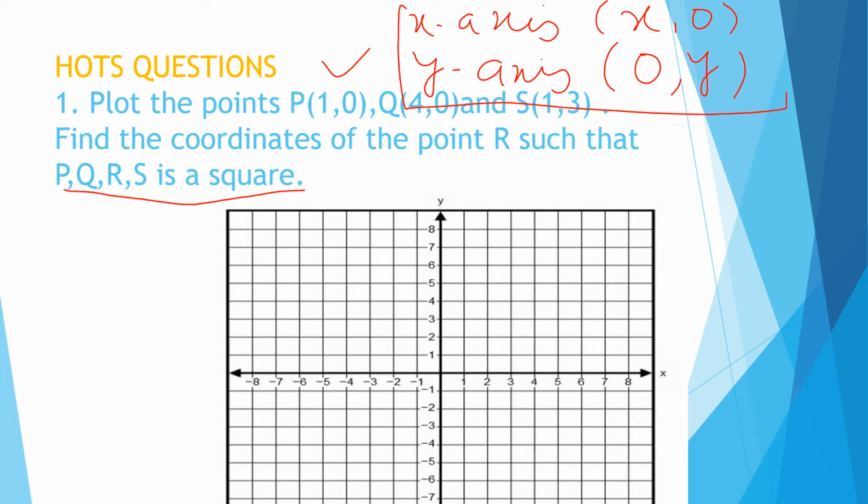Remember these two important facts. So let us mark P(1, 0). The second point is Q(4, 0). It will also lie on the x-axis. And S(1, 3): clearly, since both are positive, it lies in the first quadrant.